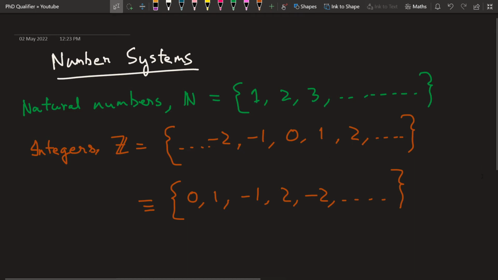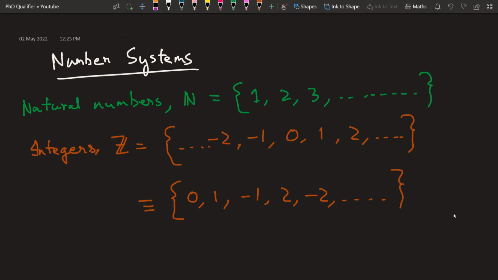Hello and welcome back. So, in the previous video, we were discussing natural number systems. First we discussed natural numbers and we proceeded to discuss integers as well. What we saw is that the natural numbers are an example of what we call a countable set, and there are an infinite number of elements in this countable set.